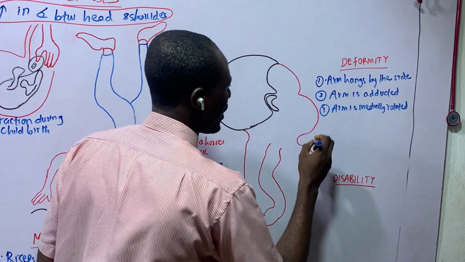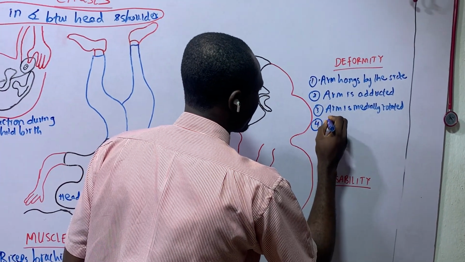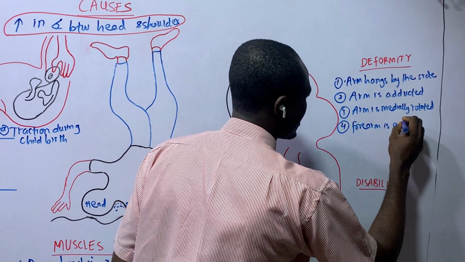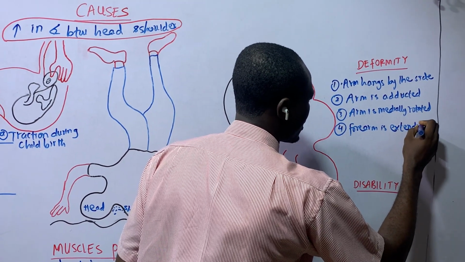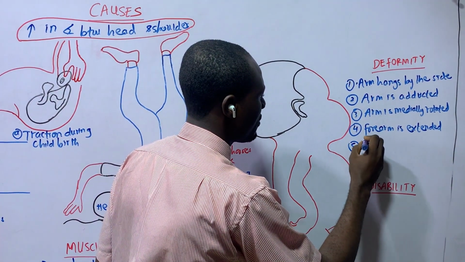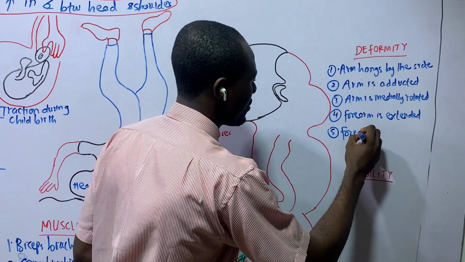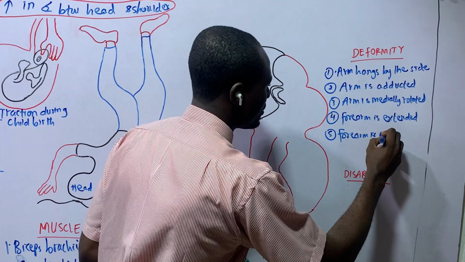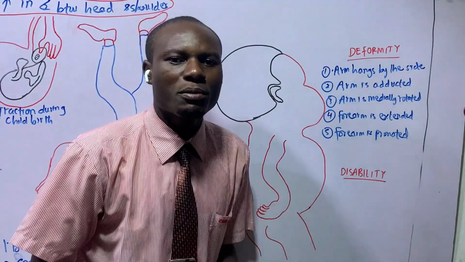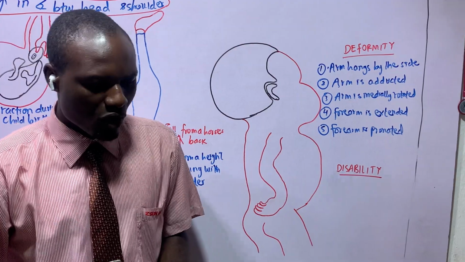What happens at the forearm? The forearm is extended and pronated. All right. So how do you master the disability?